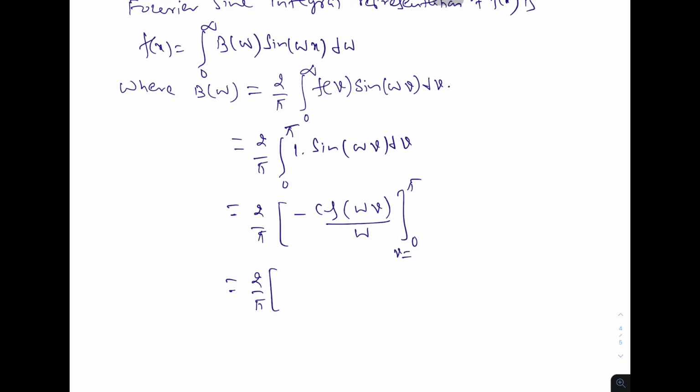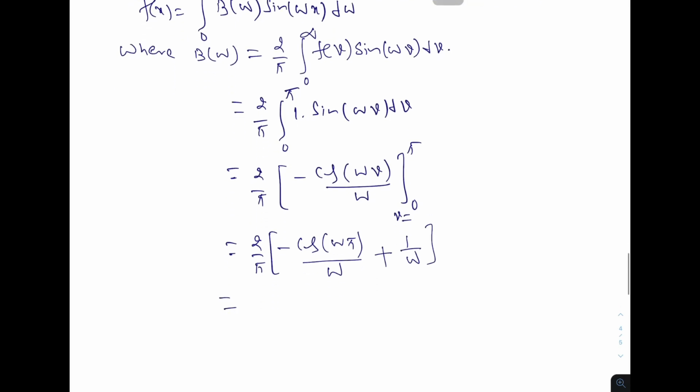Now we put pi here, so minus cos(omega pi) over omega, then minus and minus plus; for v equal to 0, cos 0 is 1, so it is 1 over omega. So this is 2 by pi times (1 minus cos(pi omega)) over omega.